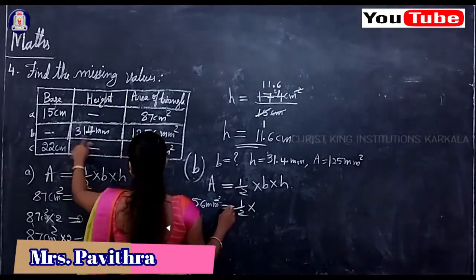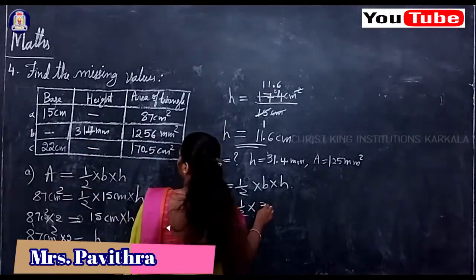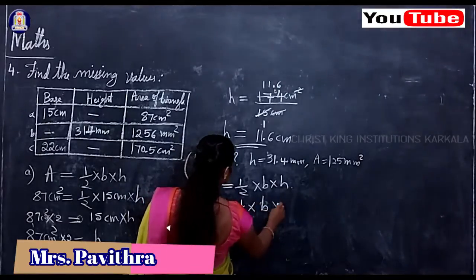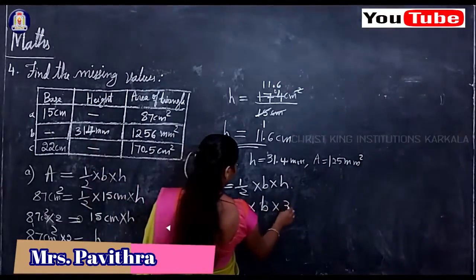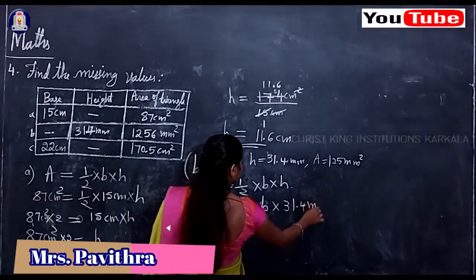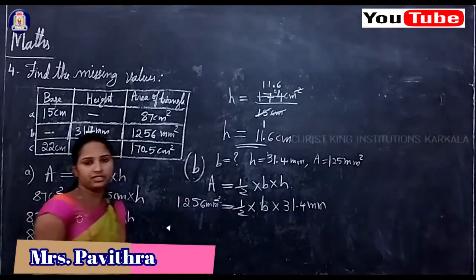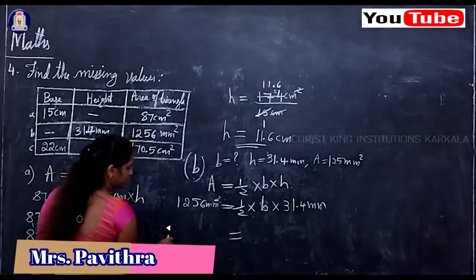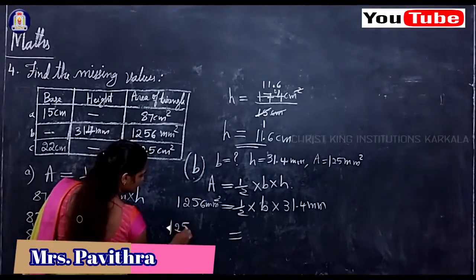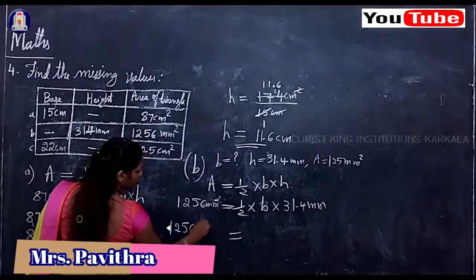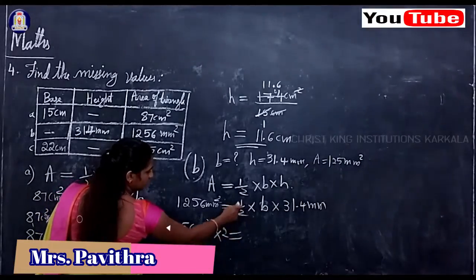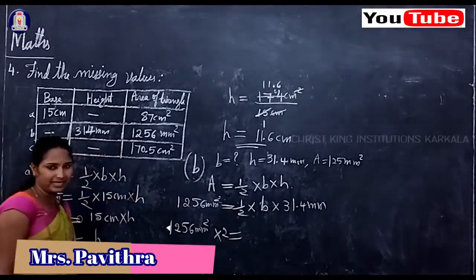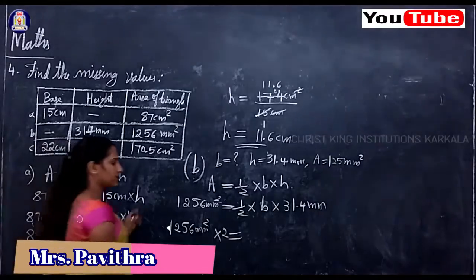We don't know what the base is, so B will remain as it is. H is given, 31.4 millimeter, that is the height of the triangle. So now if you multiply, I'll get 1256 millimeter square into 2. This is divided, no? So it will multiply on the other side. Clear?